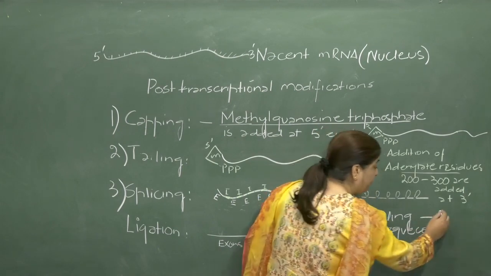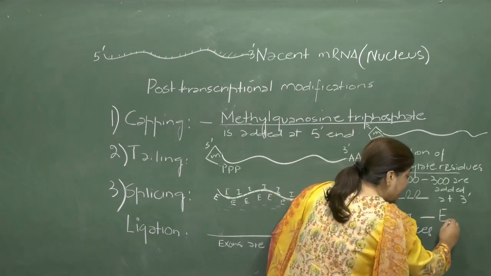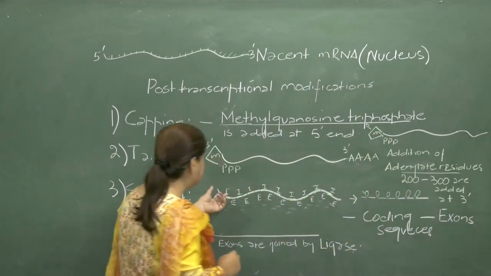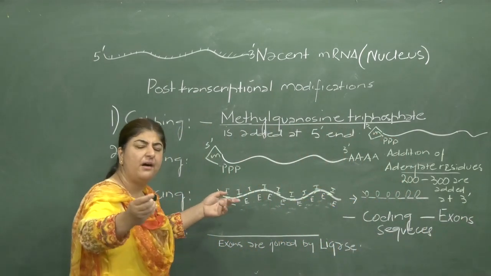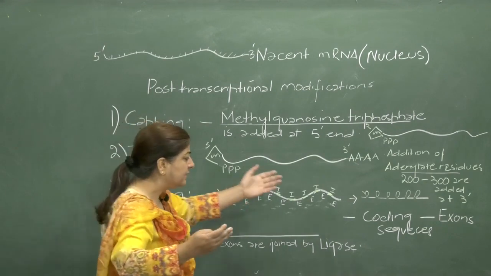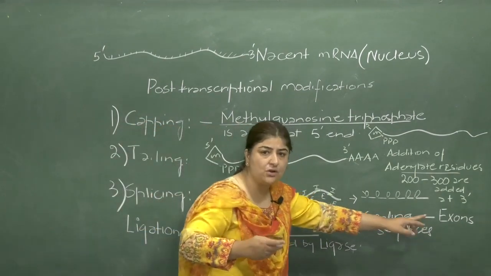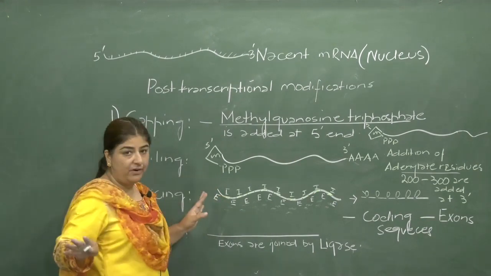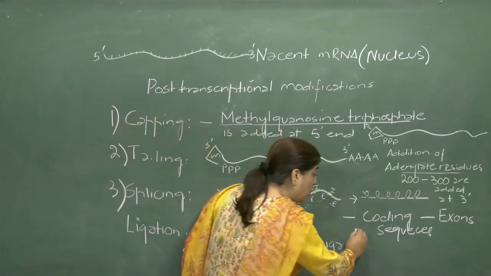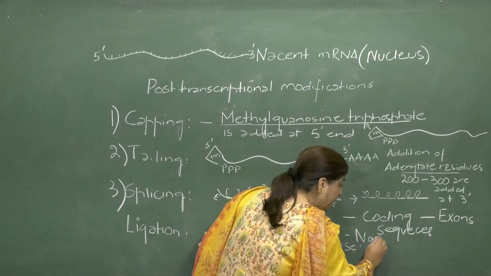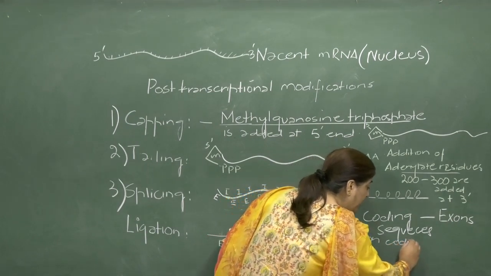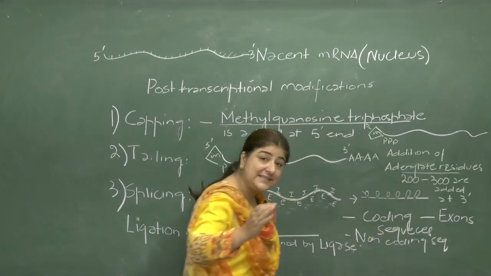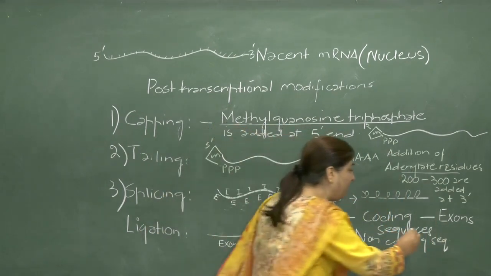The coding sequences, which code for a particular amino acid, are in the form of exons, and the sequences which do not code for anything we call non-coding sequences. These non-coding sequences are in the form of introns.